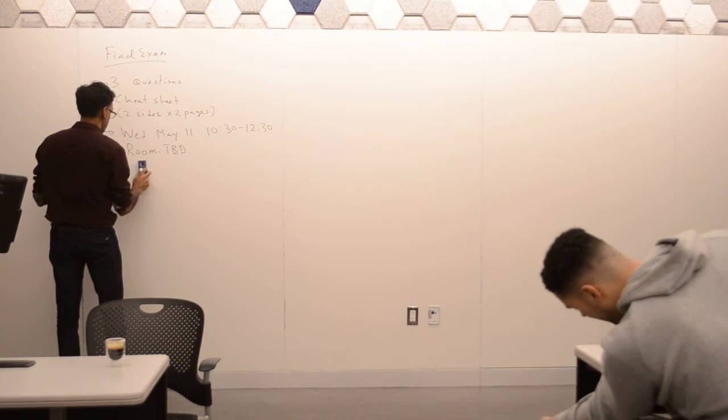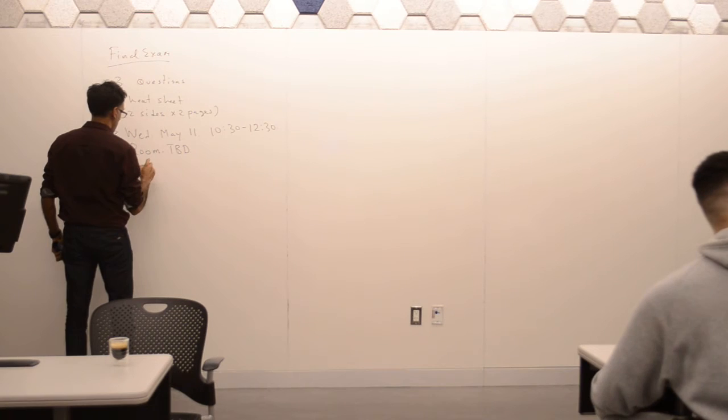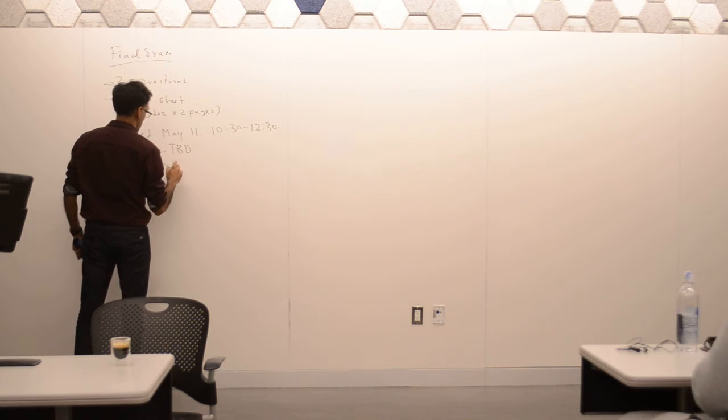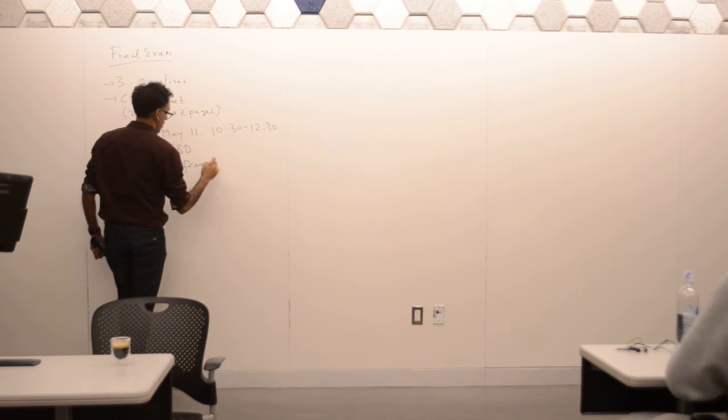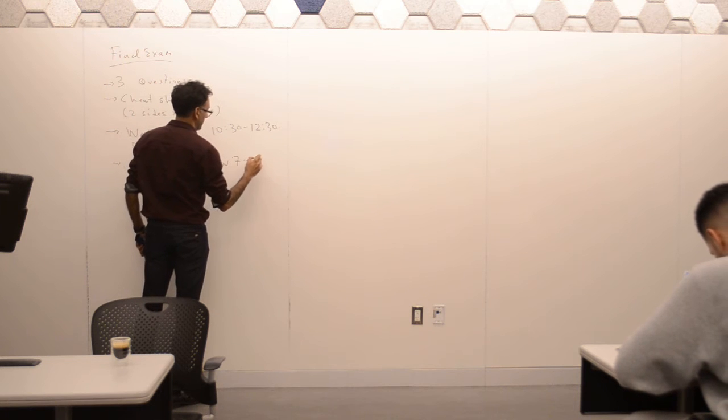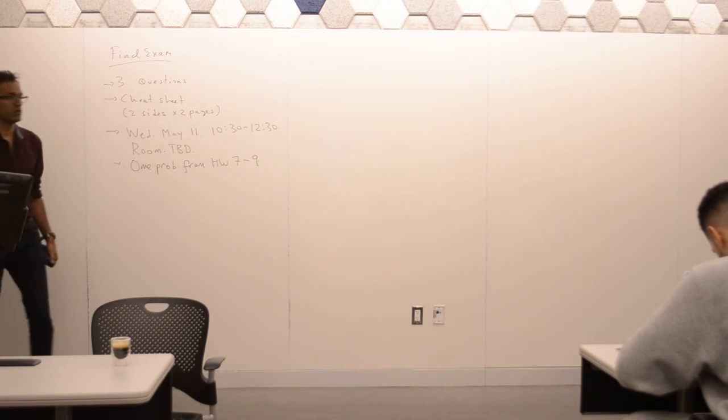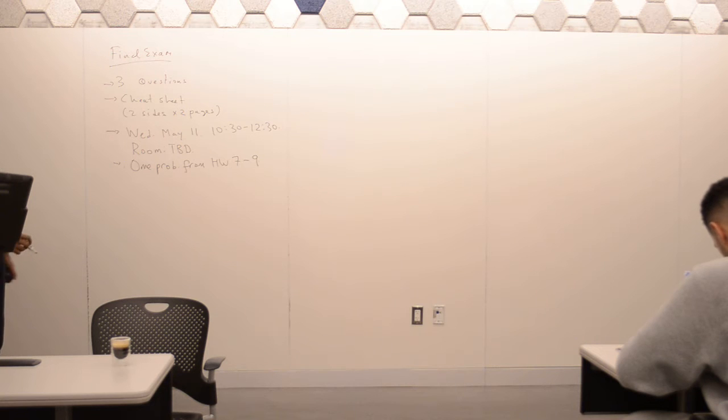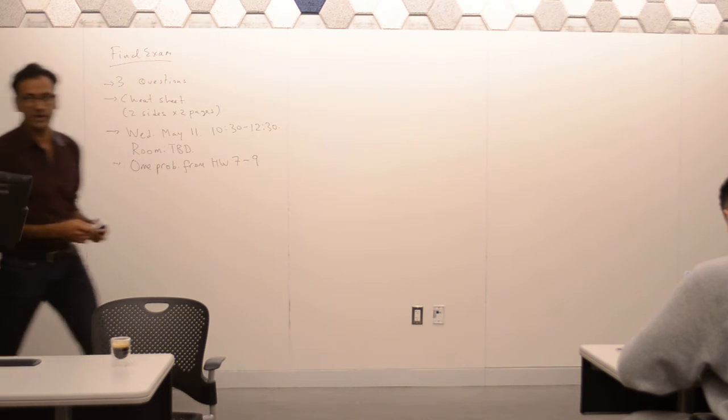Okay, 1 problem from homework 7 to 9. I think homework 7 is the one that nobody understood what was going on, so I'm going to just review that again.